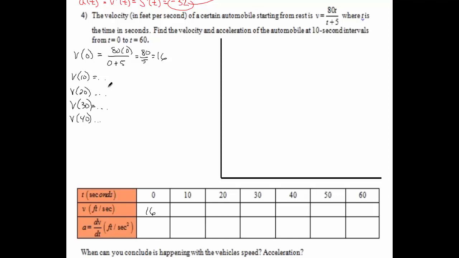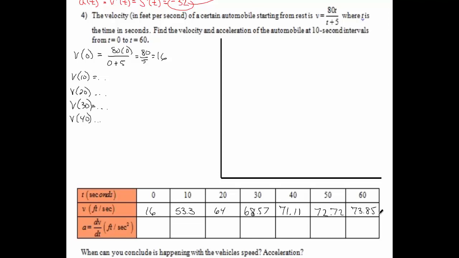The values we should end up getting should be calculated below: 53.3 feet per second, 64 feet per second, 68.57 feet per second, 71.11 feet per second, 72.72 feet per second, and 73.85 feet per second. So after 1 minute, the velocity of this car would be 73.85 feet per second.